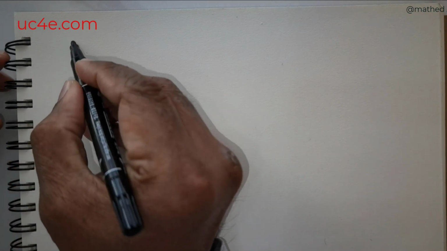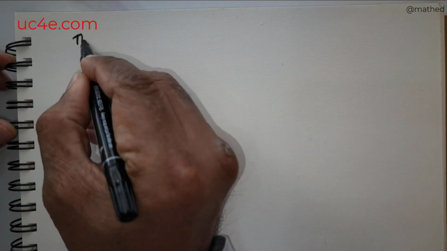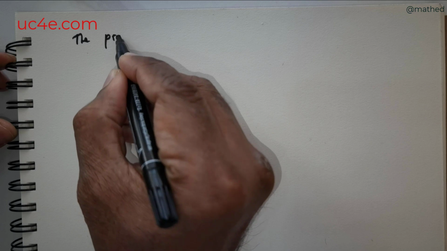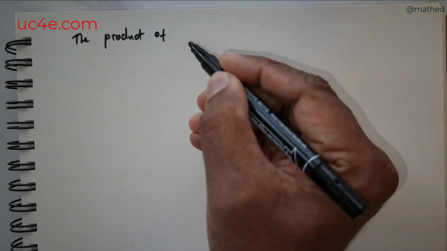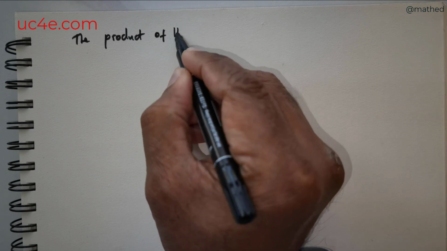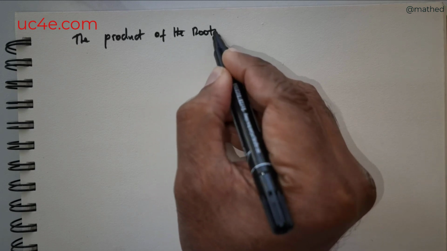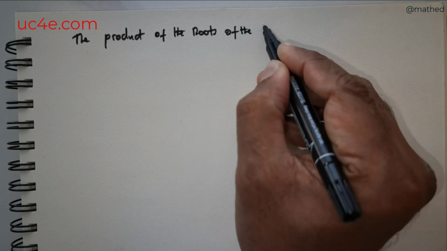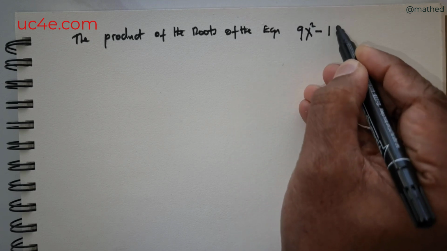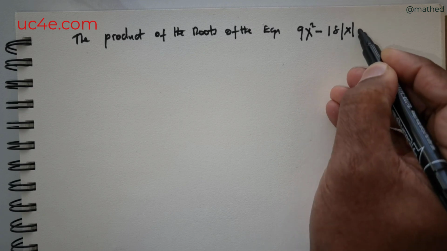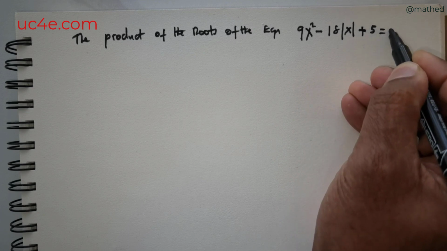Do this question, students. We are expected to find the product of the roots of the equation 9x squared minus 18 times modulus of x plus 5 is equal to 0.